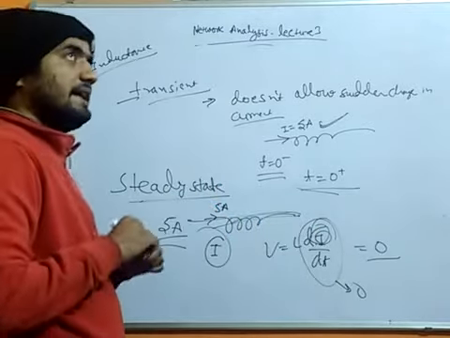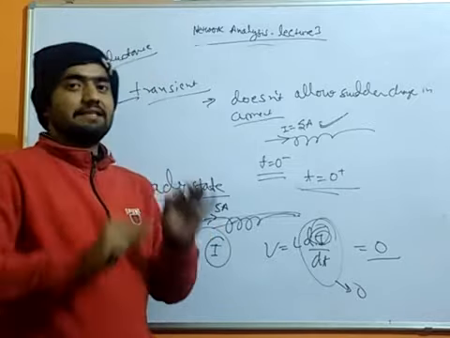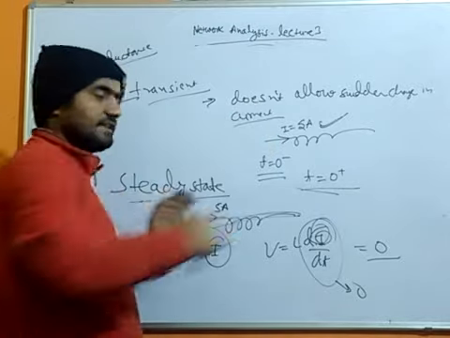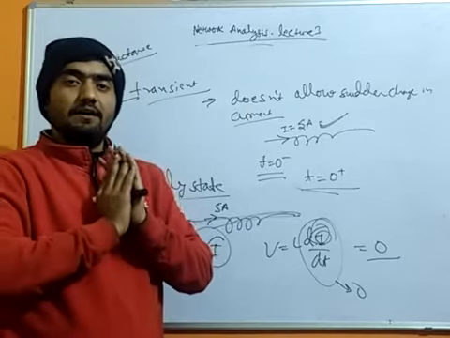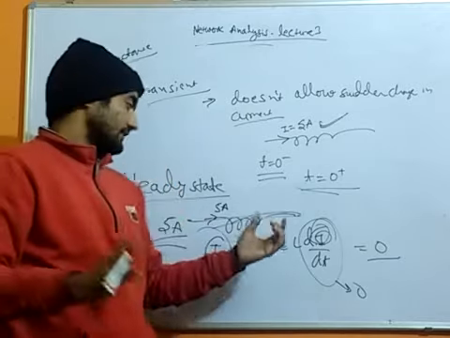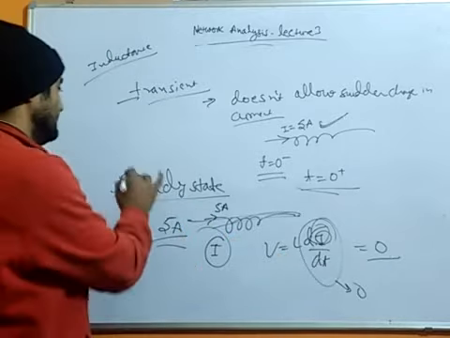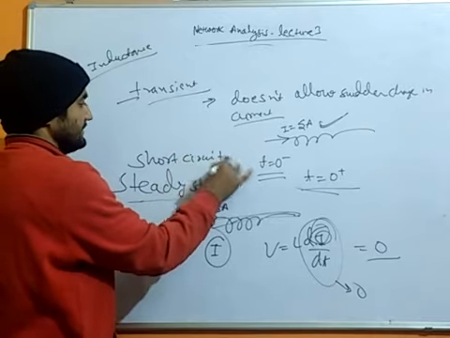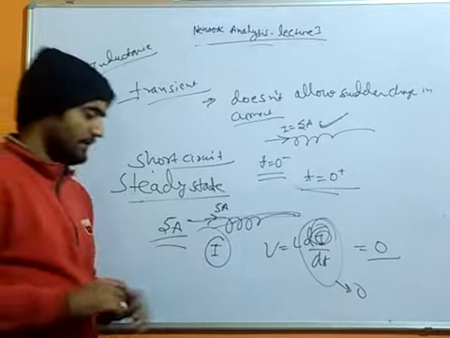At a certain point when it goes to the stable state, there is no change in the current, so smoothly the current can pass through it, and there will be no voltage across it, V equals 0. It means it will behave as a short circuit at steady state. So this is about the inductance and some of its properties.